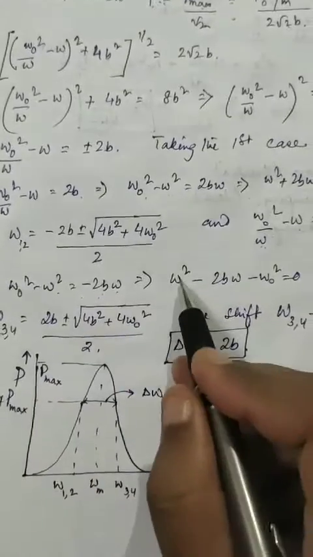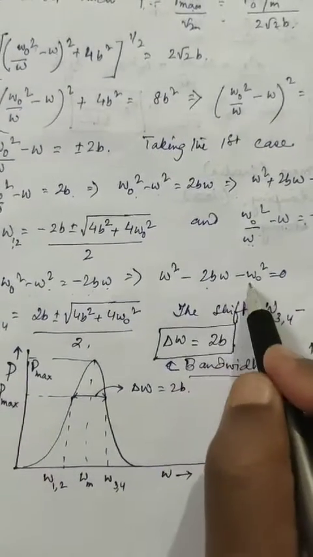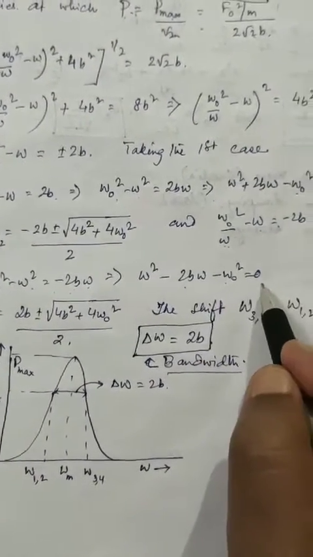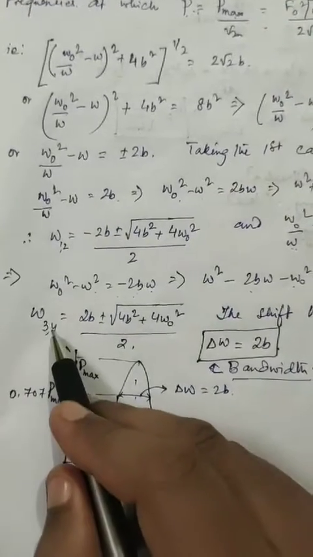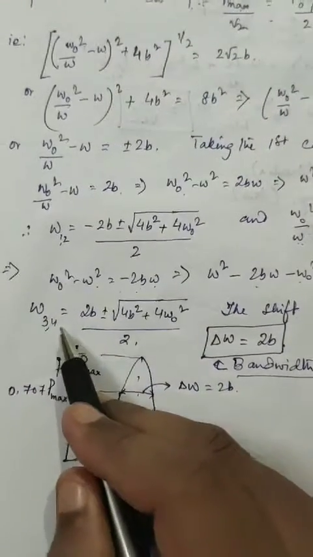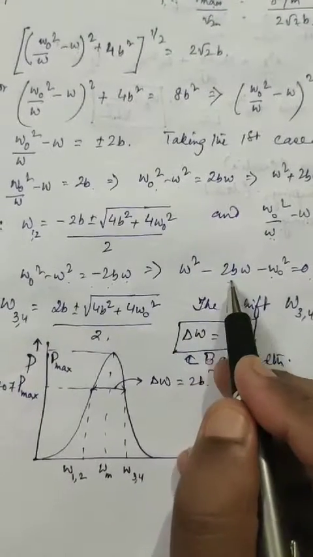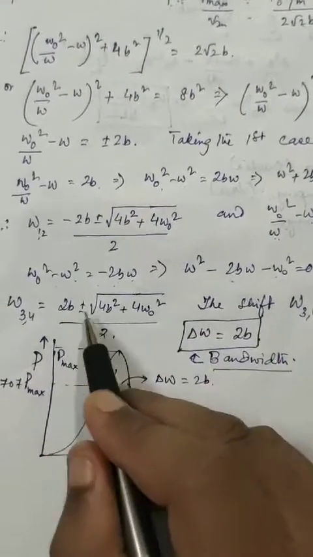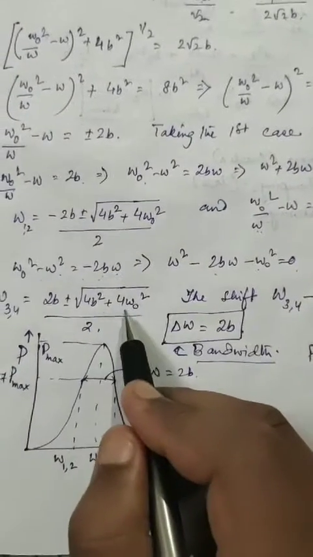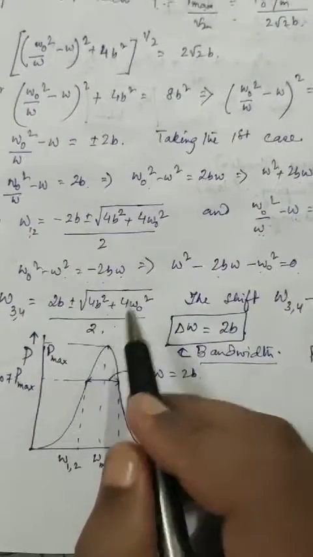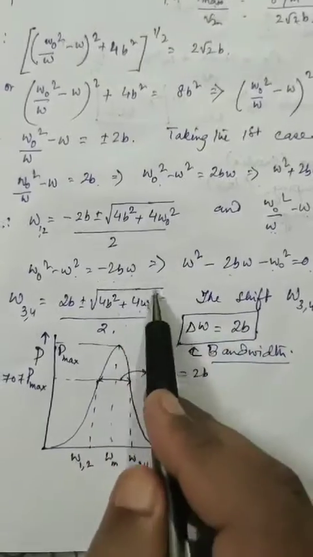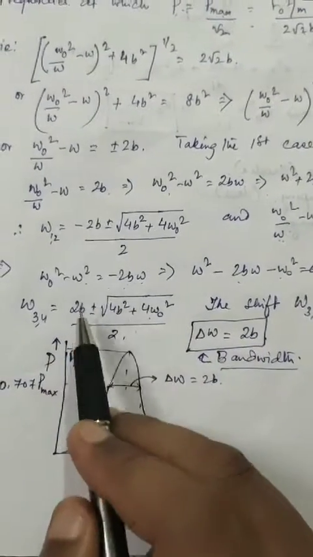Take this to the other side, you have omega square minus 2b omega minus omega naught square equal to 0. And here I name the two roots as 3 and 4. So it is minus of minus 2b, that is plus 2b, plus minus square root of 4b square plus 4 omega naught square, by 2. You can see this is the same, but here there is a minus 2b, there is a plus 2b.